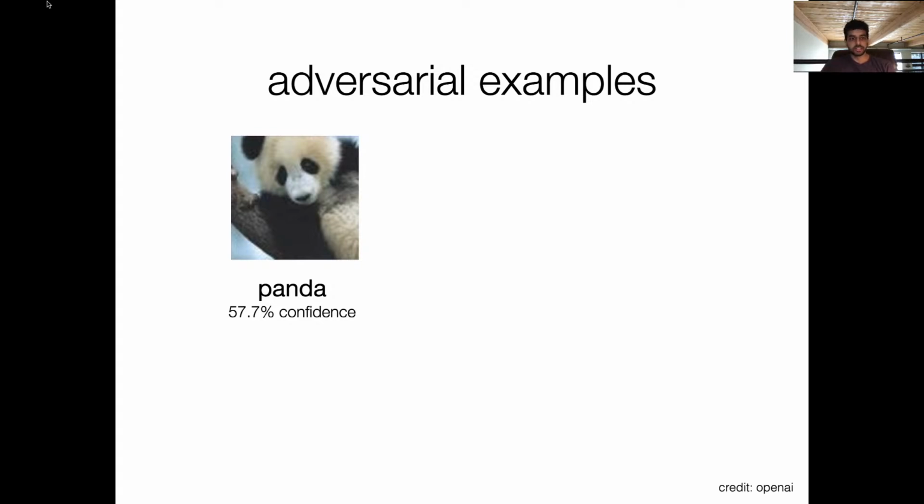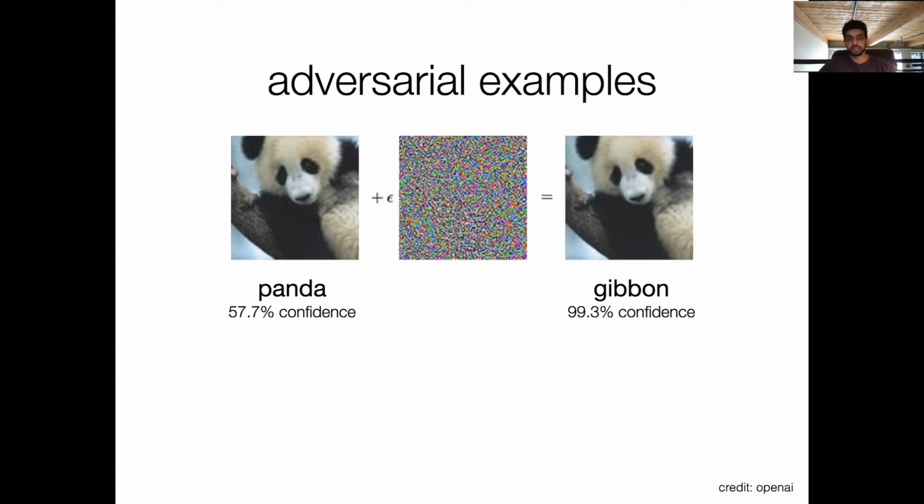First of all, we take this image of a panda. The model predicts the correct label for this panda with 60% confidence. And then the classic setup in computer vision is you add a very tiny amount of noise to this original image, such that the resulting image looks identical to the original to a human eye, right? We can't really tell as humans what the difference between these two images is.